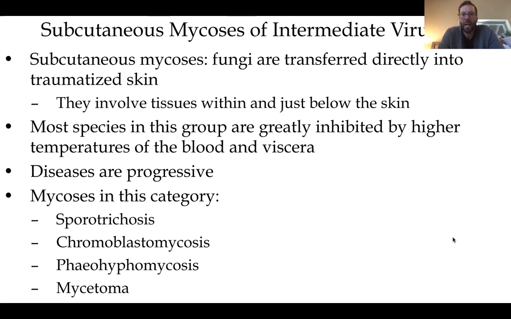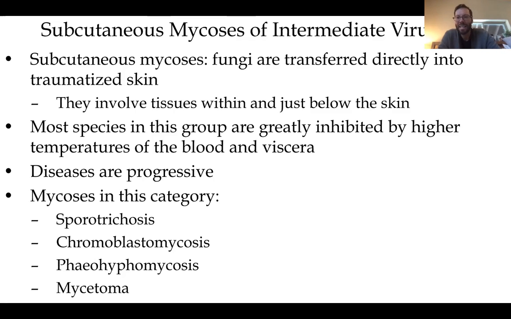The subcutaneous fungi, or intermediate virulence. So these are the ones that aren't just going to be on the surface of your skin, but probably aren't going to become systemic. They're not going to infect your central nervous system.